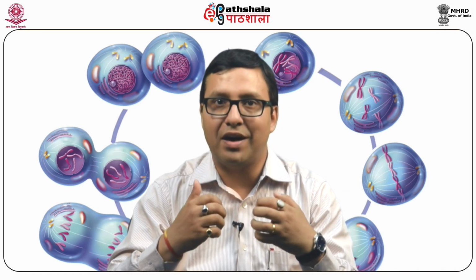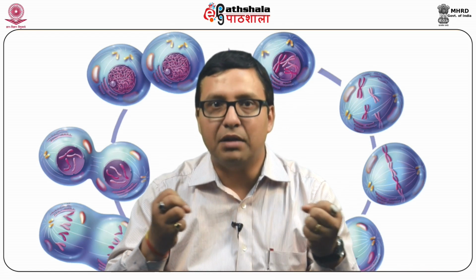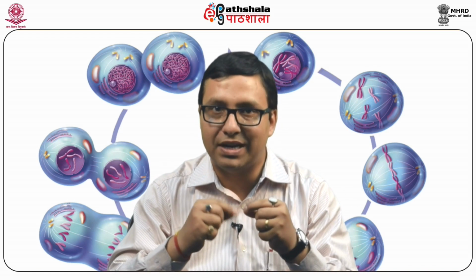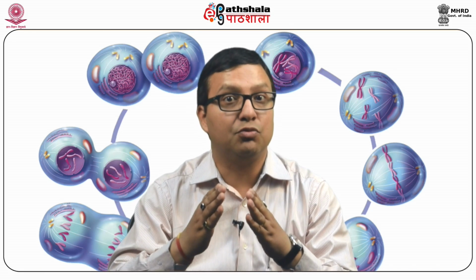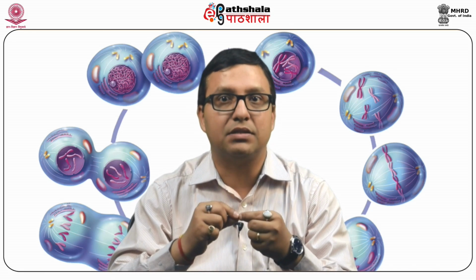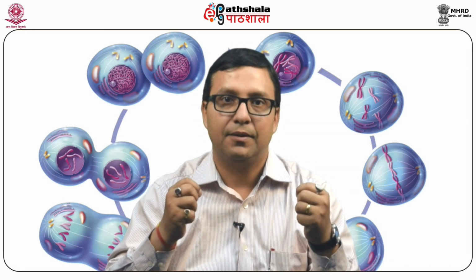As chromosomes congress towards the center of the mitotic spindle, the longer microtubules attached to one kinetochore are shortened, while the shorter microtubules attached to the sister kinetochore are elongated.